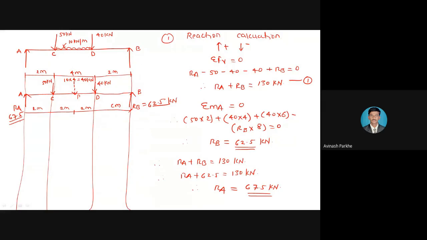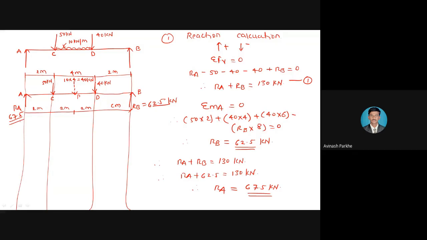If your reactions are wrong, your SF calculation and BM calculation will also be wrong. Therefore, at the end, please add RA and RB and check against the forces applied in the downward direction. If the sum of both reactions equals the total of all applied forces, then your reaction calculation will be correct.